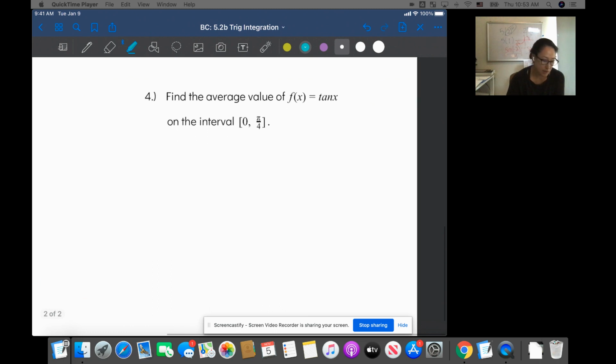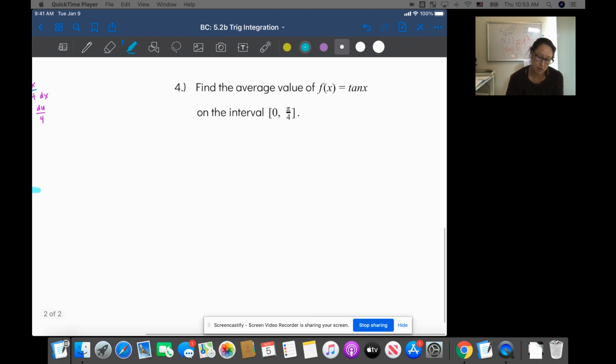All right. Let's do the last one. We're going to find an average value, because why not, of f of x is equal to tangent x on the interval from 0 to pi over 4. Okay. So I have an average value. I'm going to take 1 over pi over 4 minus 0, so 1 over the difference in the bounds times the integral from 0 to pi over 4 of tangent x dx.